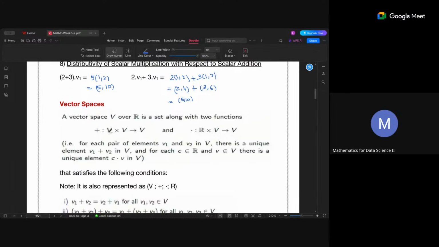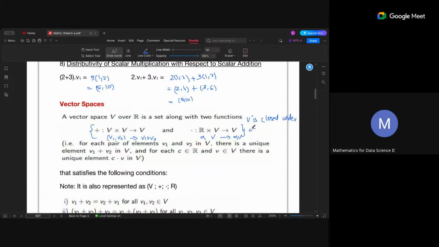You take the function from V cross V to V, defined by taking the pair V1 comma V2 and mapping it to V1 plus V2. And scalar multiplication: you take an alpha and a vector V, and it maps to alpha times V. So this says basically that V is closed under addition and scalar multiplication.